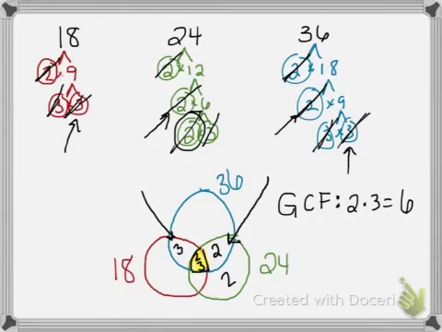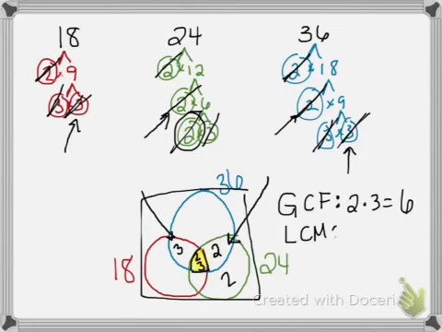So our GCF is 6, and for our LCM, remember we multiply everything inside of our Venn diagram. So it's going to be 3, times 2, times 2, and don't forget you still have to multiply the stuff in the middle, times 3, times 2.